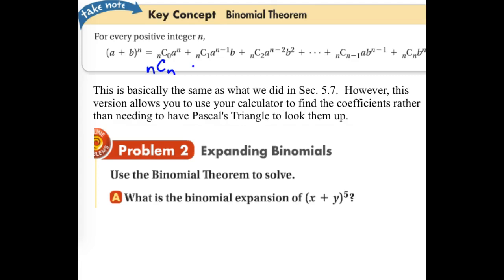Our next one is going to be NCN minus 1, our next one NCN minus 2. Instead of these, we're going to use these other versions, and it's going to go all the way down until we get to NC0. The A's and B's are the same.